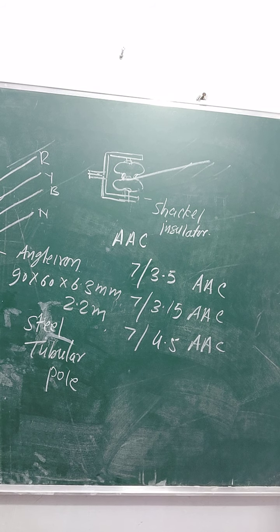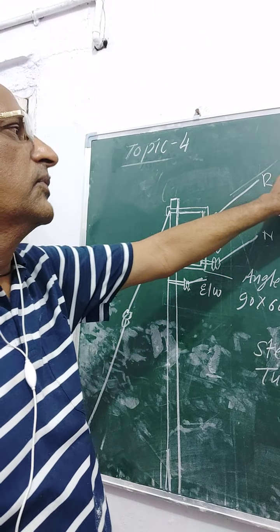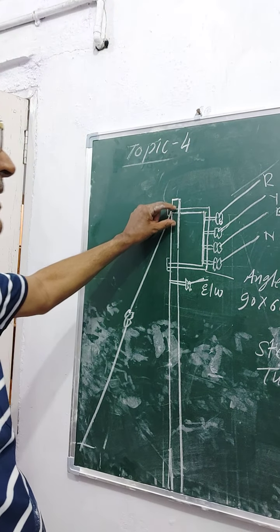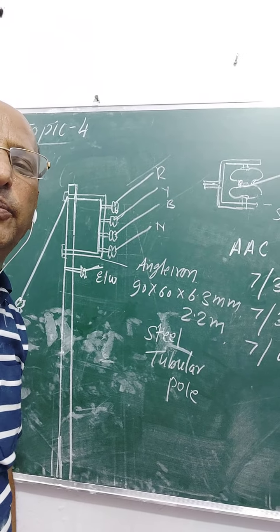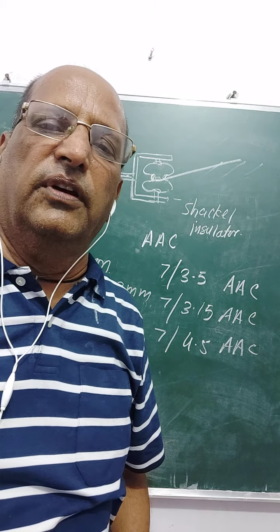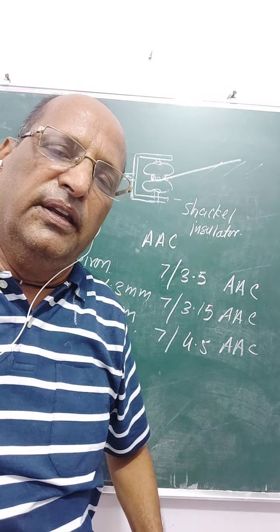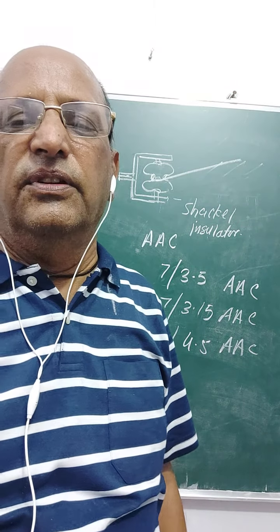So this is the shackle insulator. When we do not use a cross arm, we fit it directly here, 1, 2, 3, 4, and you run the line. So that depends upon the use, configuration, estimate or type of the site. They all decide which type of insulator or cross arm is to be used.